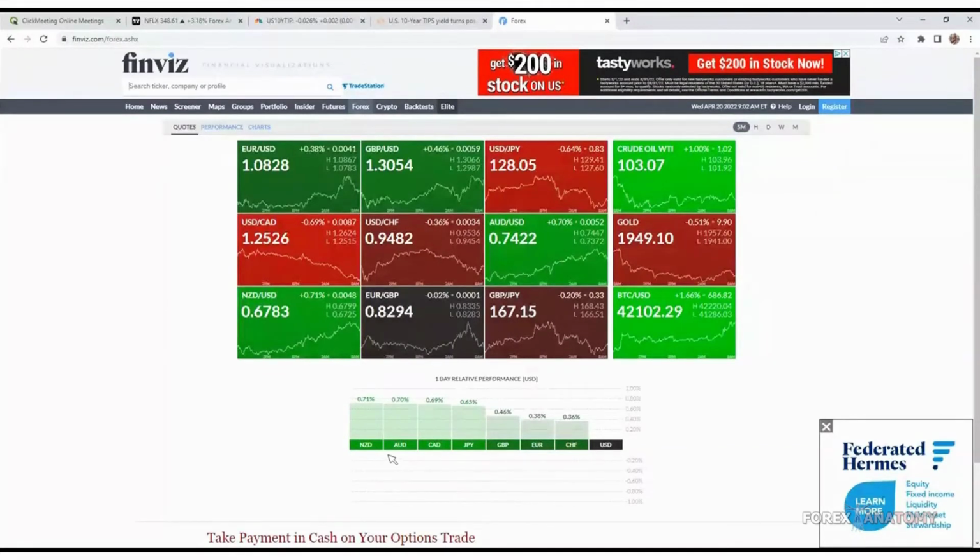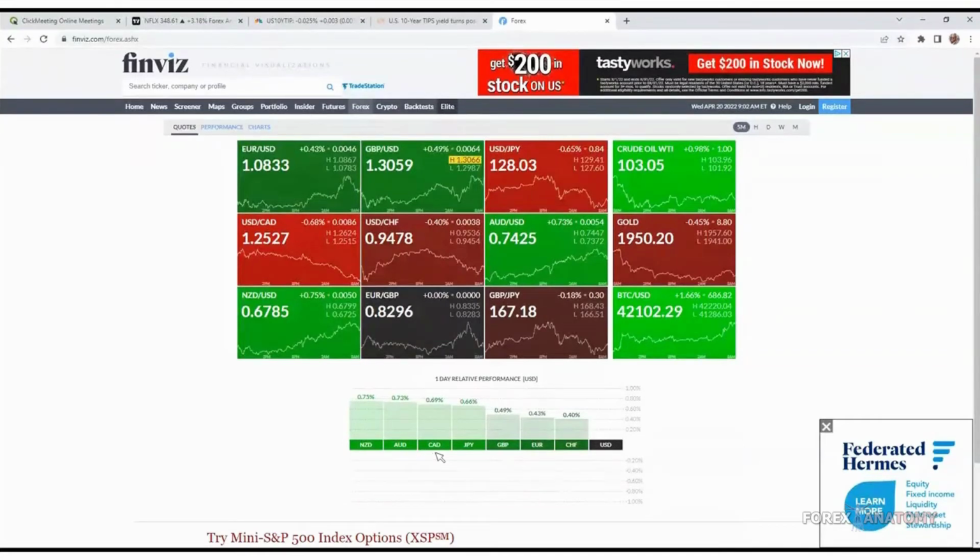And man, I wish I could talk about what's happening with milk, because milk is breaking into fresh decade highs. So that's kind of helping to also underpin the Kiwi. But we see the New Zealand dollar, the Australian dollar, the Canadian dollar. All three of these are commodity-linked currencies. The Aussie is tied to hard commodities.